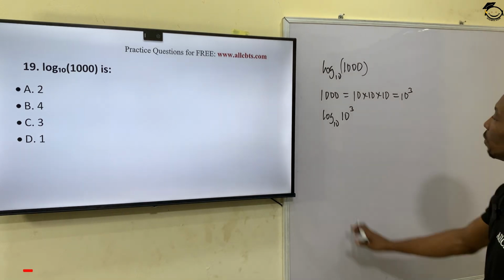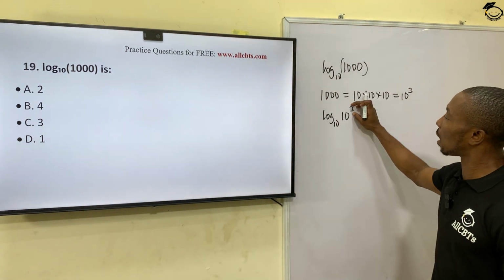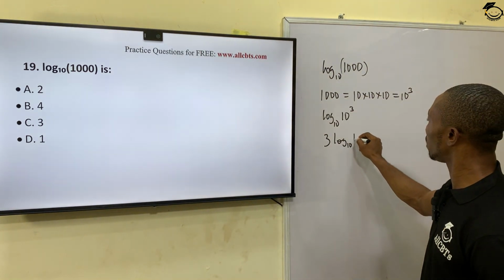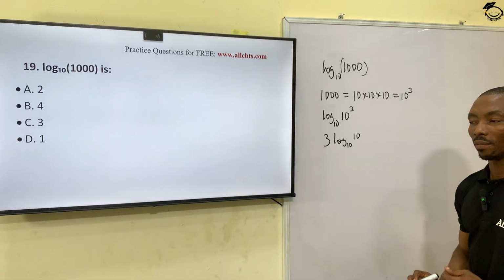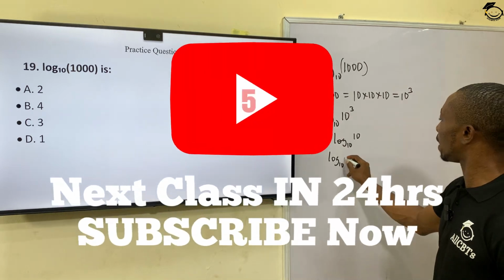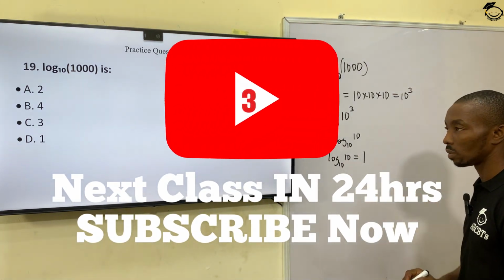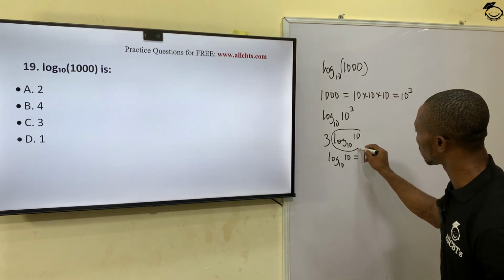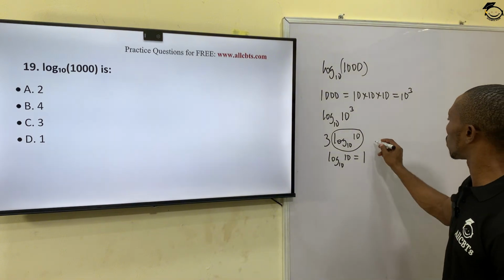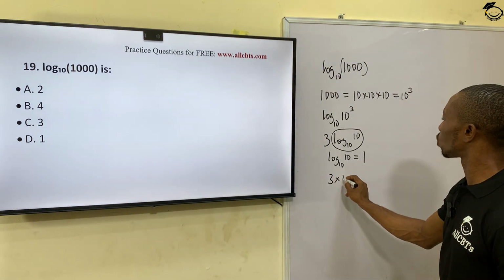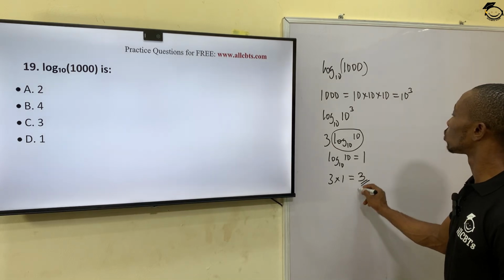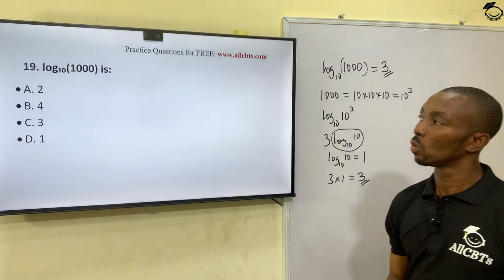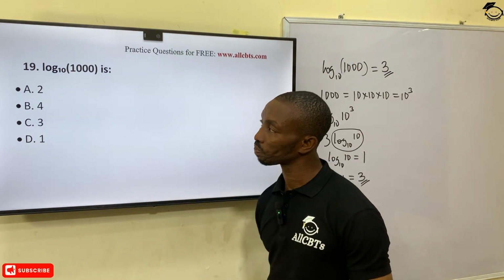Now, we can bring the power down. This becomes 3 log 10 10. Bearing in mind that log 10 10 equals 1, we can replace this with 1. So this becomes 3 times 1, which will give us 3. So our final answer for log 10 1000 would be 3, which is our option C.